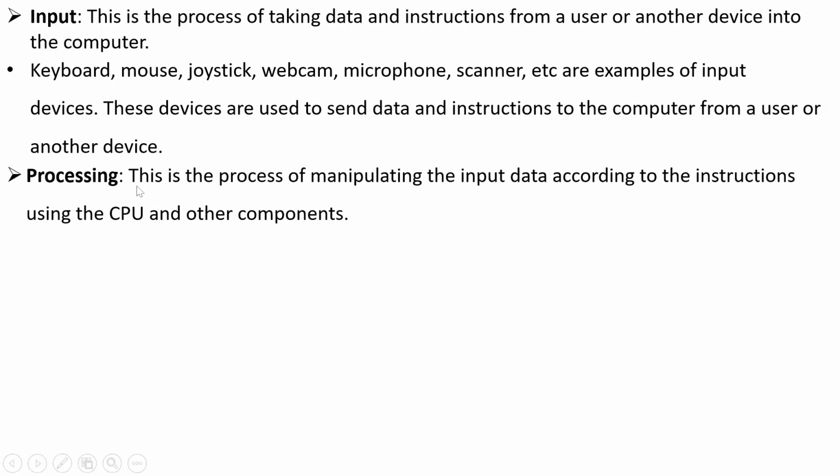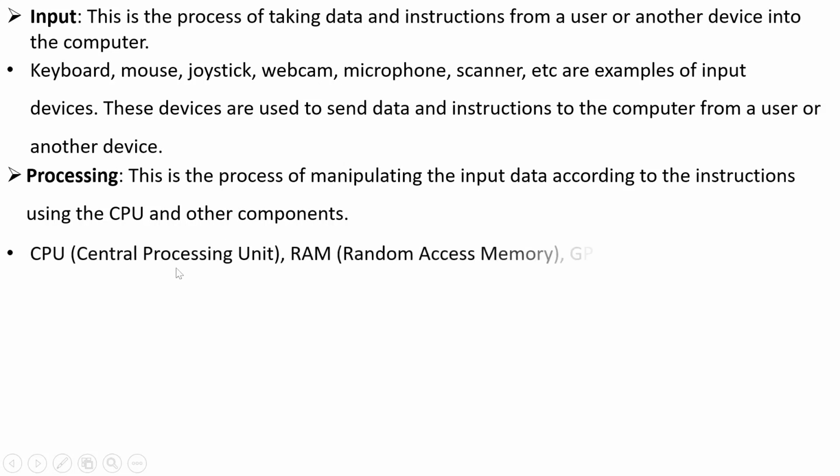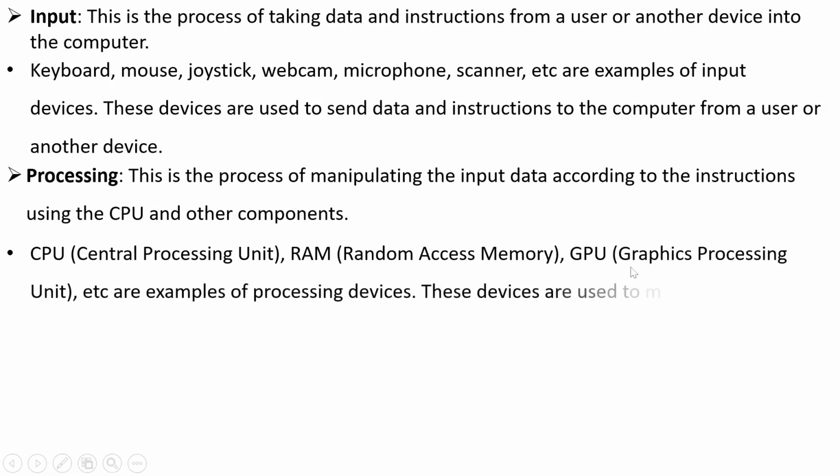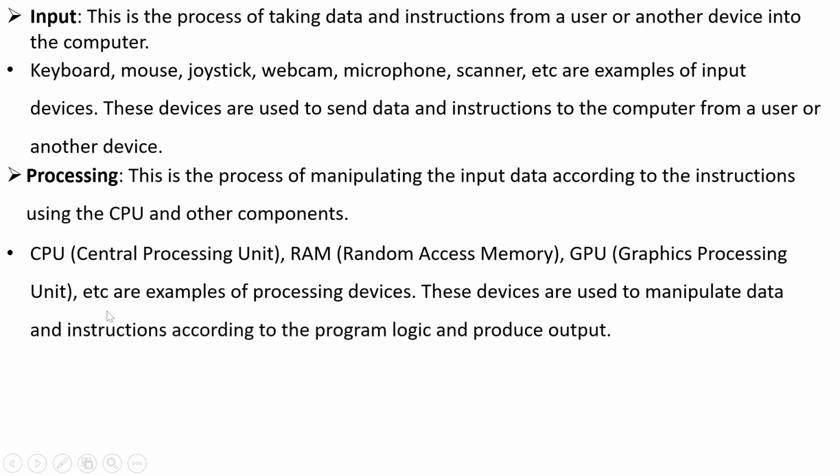So processing, we are saying this is the process of manipulating the input data according to the instructions using the CPU and other components. So CPU, which is the central processing unit, RAM, which is random access memory, GPU, which is graphics processing unit, etc., are examples of processing devices here.